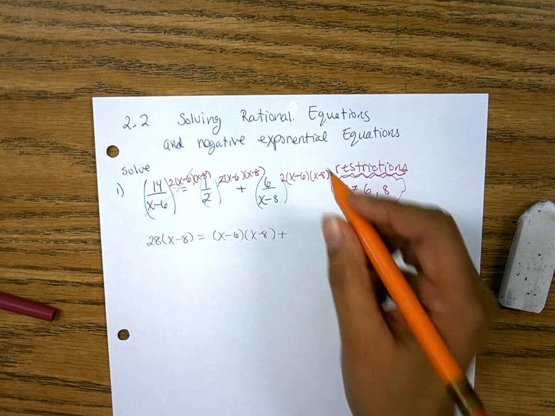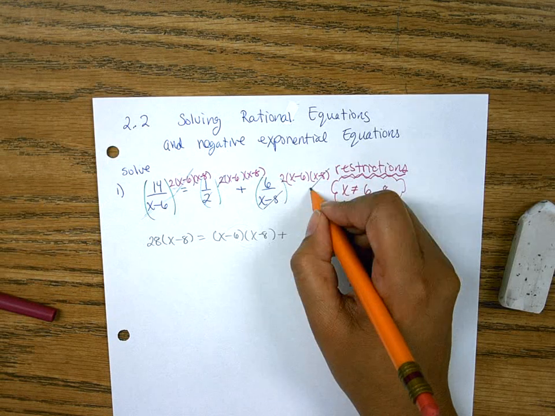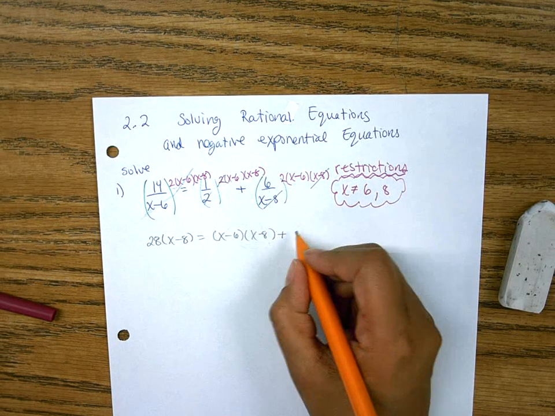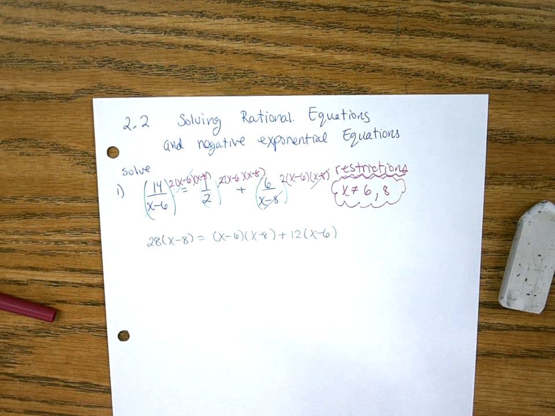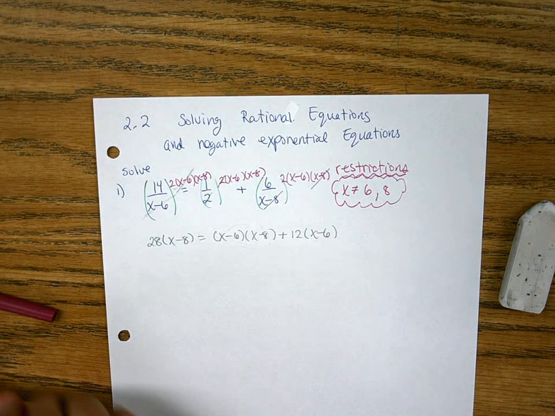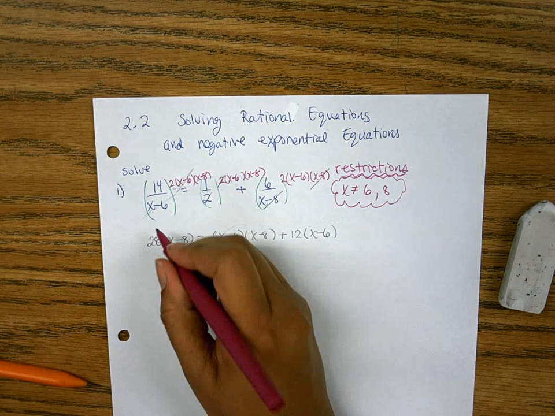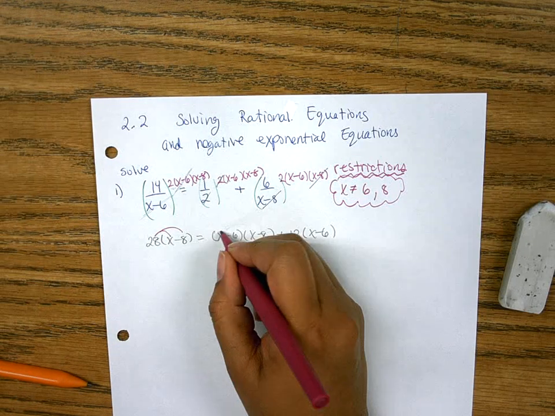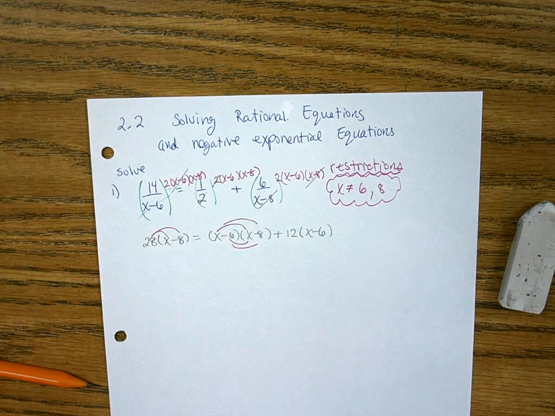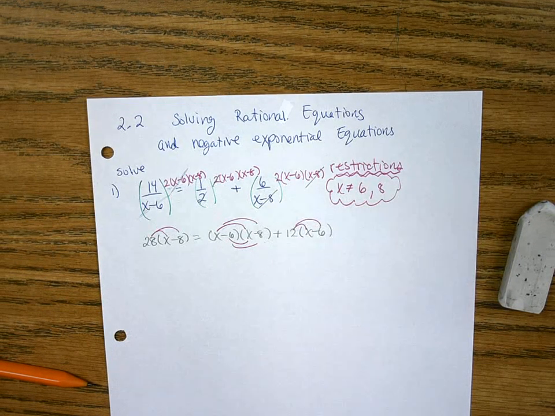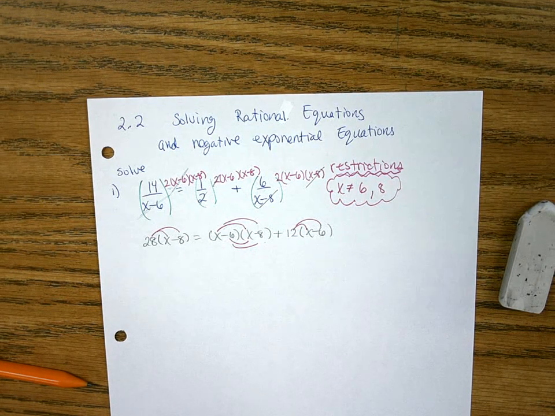I will have to do double distribution here. Again, I'll do that later. Plus x minus 8 reduces, leaving me with 6 times 2, which is 12, times the quantity of x minus 6. I'll distribute on the next step. Okay, I can see where there's going to be a lot going on. I'm going to distribute there, double distribute here, and distribute the 12 there.